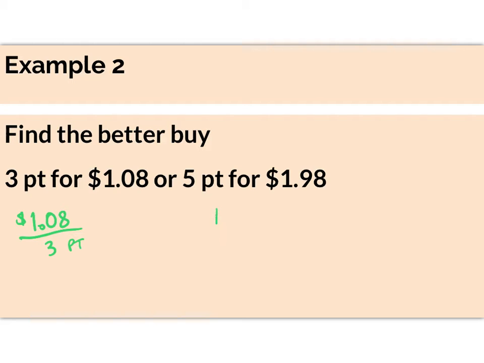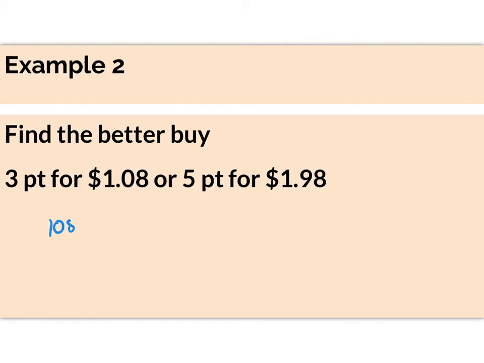And 1.98 for 5. But now that we have these set up, we can't compare these because you got 3 here and 5 here. So how do we do that? This is why we have to turn to a unit rate. We're going to divide this one by 3 and this one by 5, and then we're going to compare the numbers. And we'll do that on the next slide.